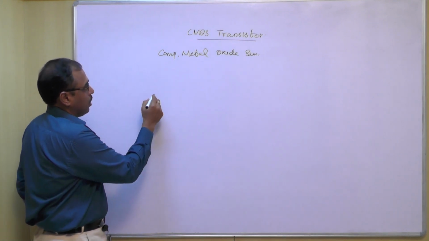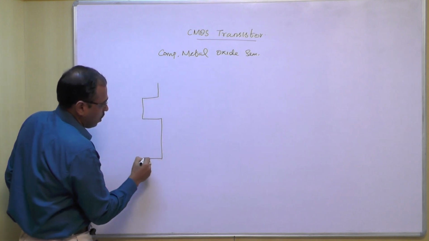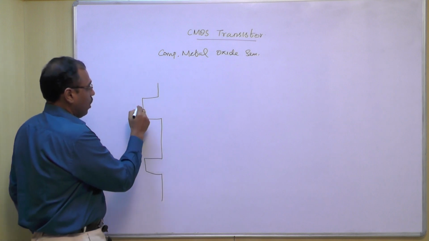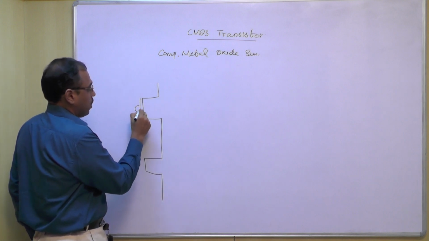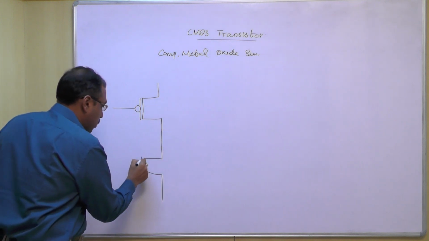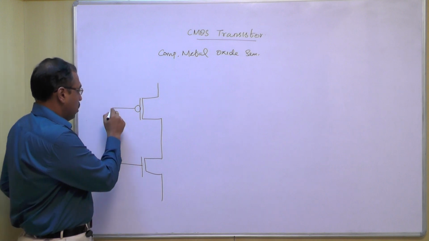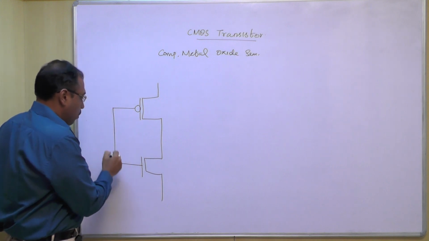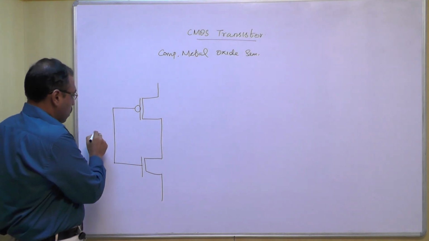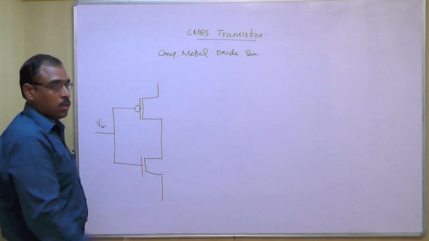The CMOS transistor will have a PMOS transistor and an NMOS transistor, and always the PMOS transistor will be on the top as the pull-up and the NMOS transistor will be on the bottom. The gates of these two transistors are connected together to the input voltage.